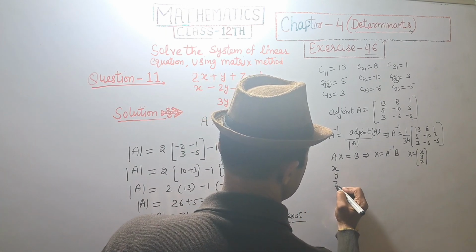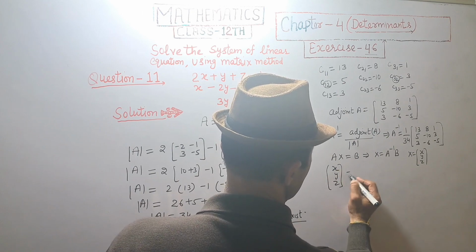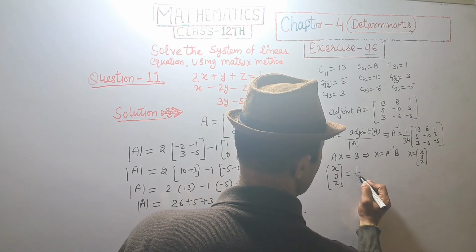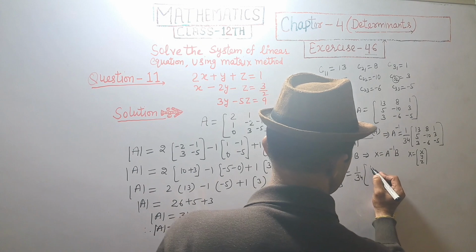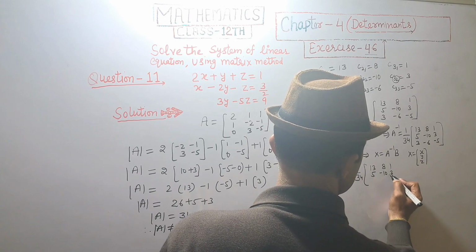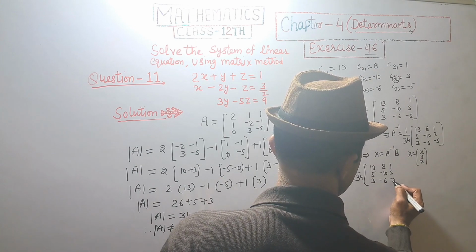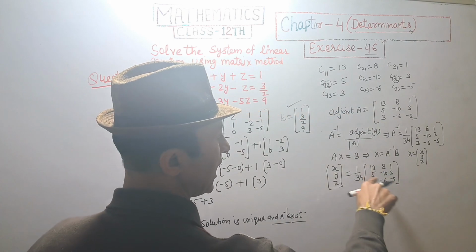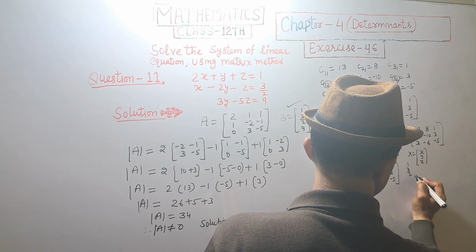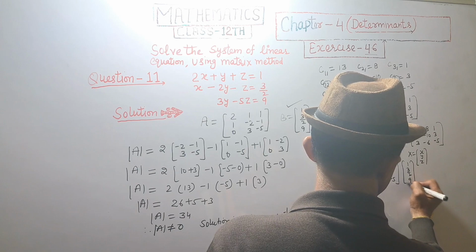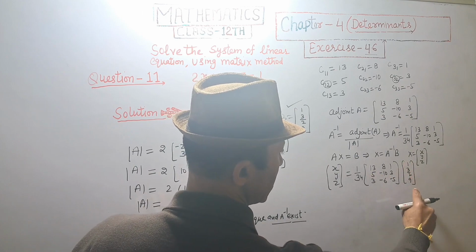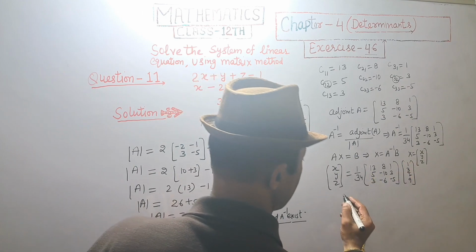So x, y, z is equal to 1 upon 34 times the matrix of A inverse, multiplied by B. We multiply each row by the column.